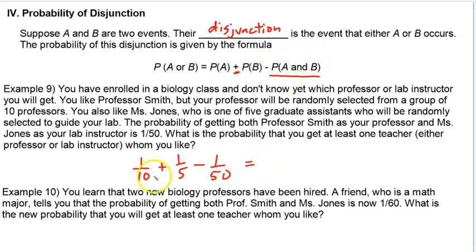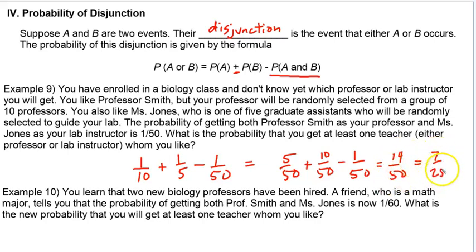So now we just do the math, and with a common denominator, 1/10 is 5/50, 1/5 is 10/50, and then we subtract off the 1/50. So 14/50, which reduces to 7 out of 25, would be our answer. Okay, this is called a disjunction.